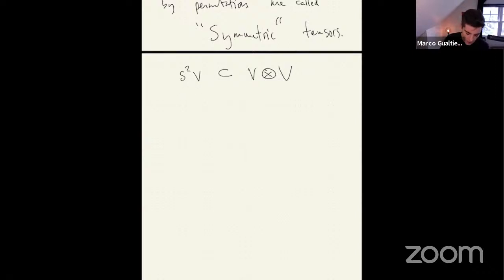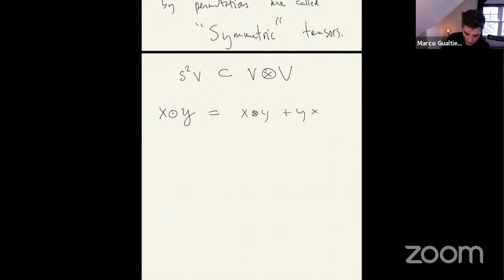you can kind of do the following. You can define a different product, which is the following: x tensor y plus y tensor x. And this is called the symmetric tensor product of two vectors.